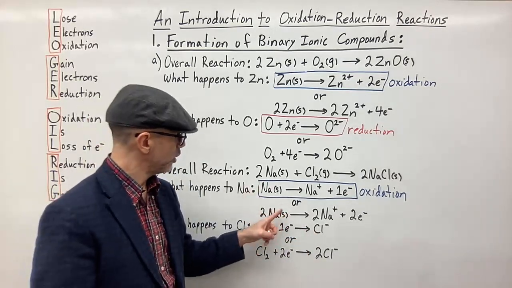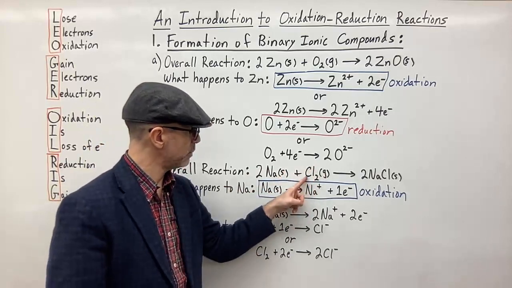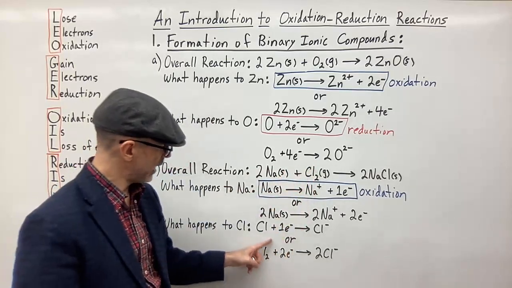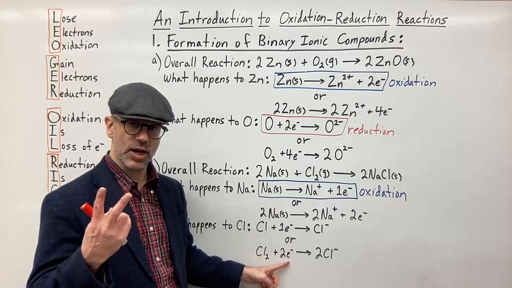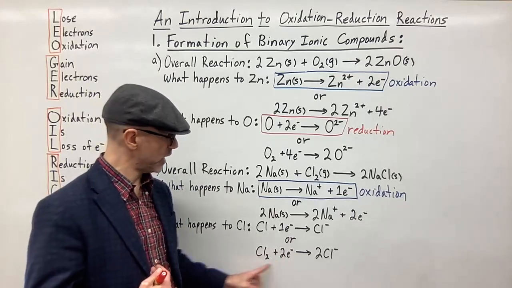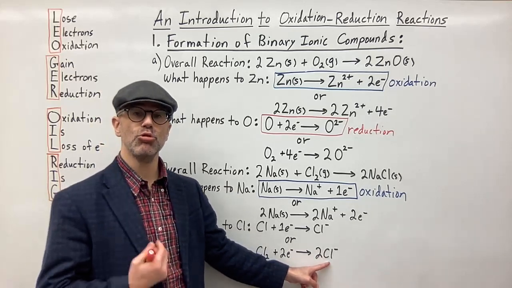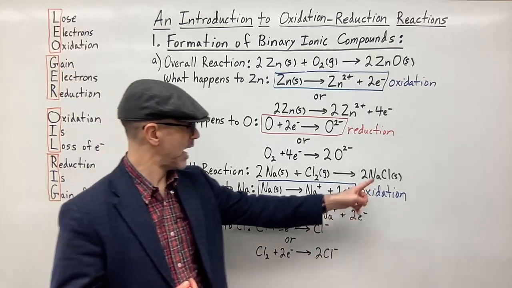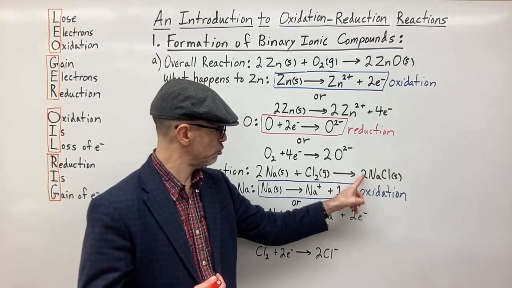Or since we have two chlorine atoms bonded together, we could write it as Cl2 plus 2 electrons, right? Because each chlorine atom is going to gain one electron to then form the two chloride ions that we have in our compound, 2 NaCl.